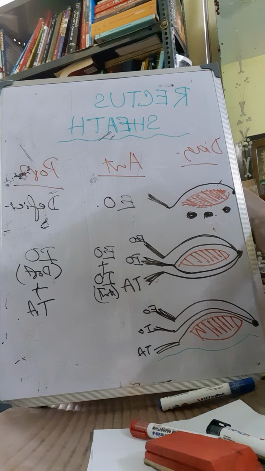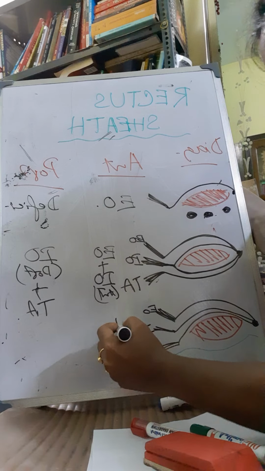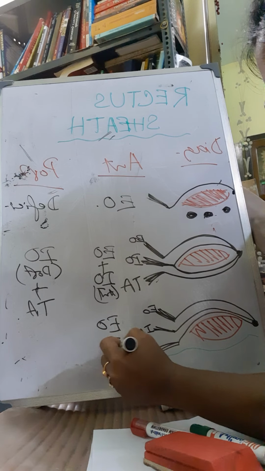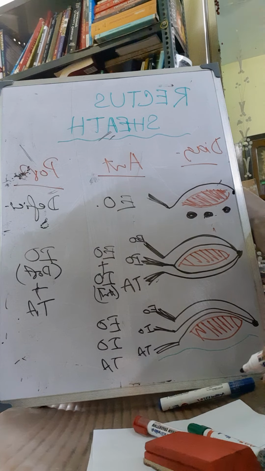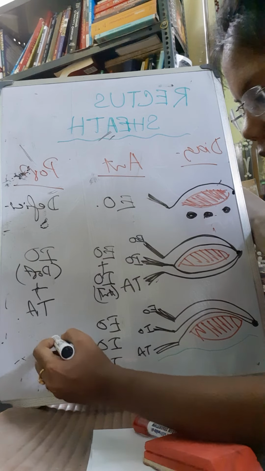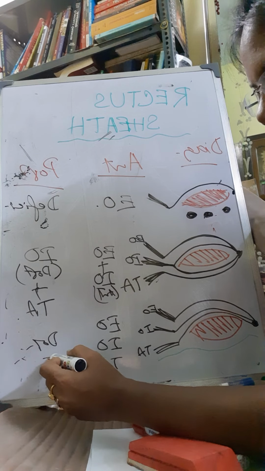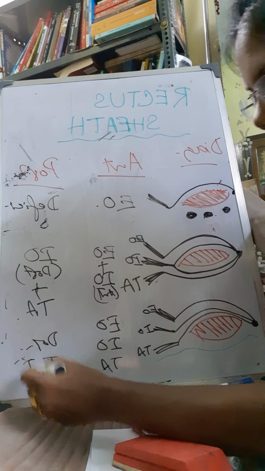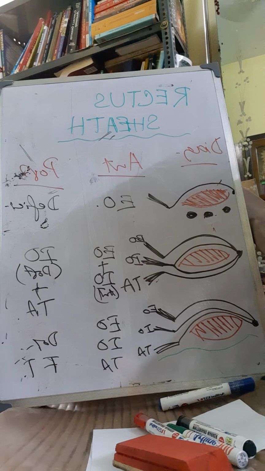So, in this chart again the anterior wall is formed by external oblique, internal oblique and transversus abdominis aponeurosis, whereas the posterior wall is completely deficient and this is formed by fascia transversalis. Clear? So, this is the mode of formation of rectus sheath.